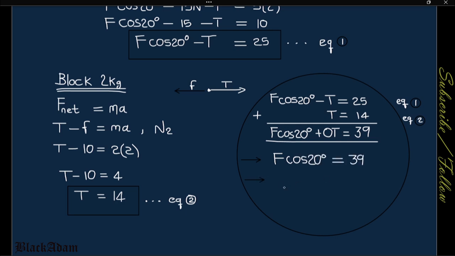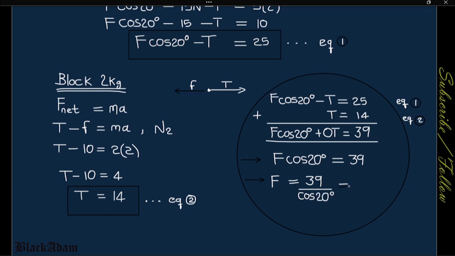Then we divide both sides by cos 20 degrees. The cos 20 cancels out on the left, so it reappears on the right at the bottom. So force F is equal to 39 divided by cos 20 degrees.